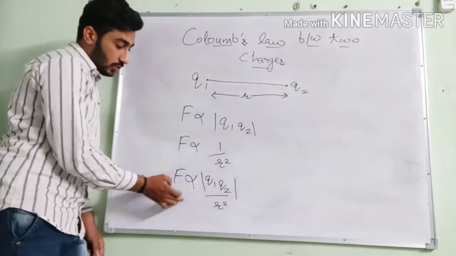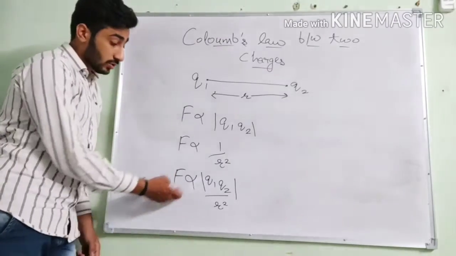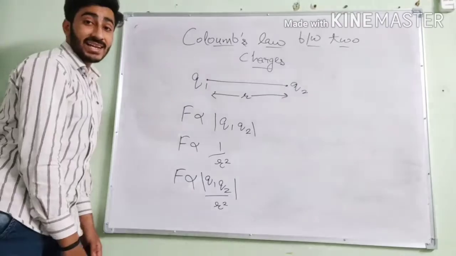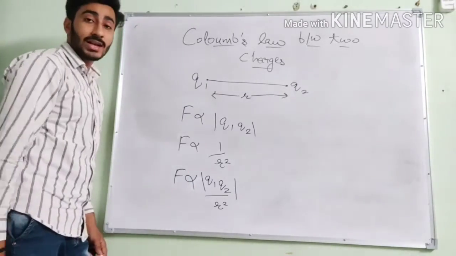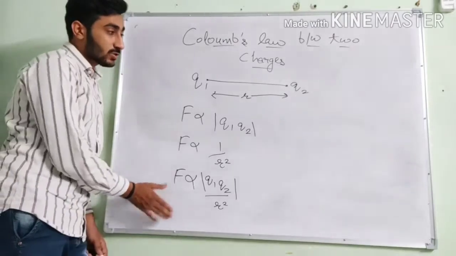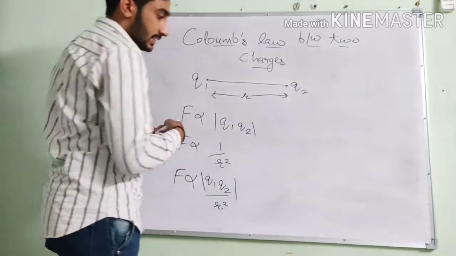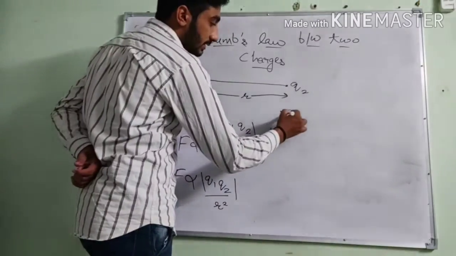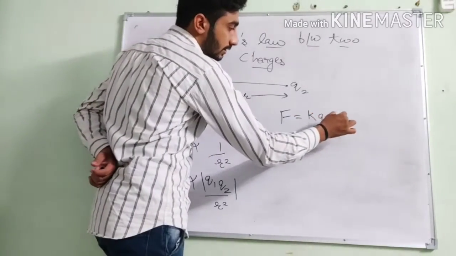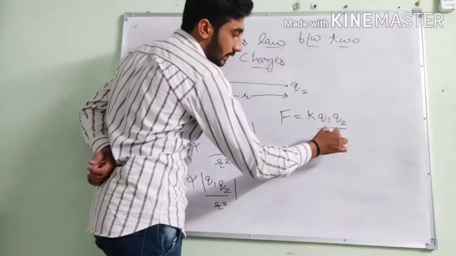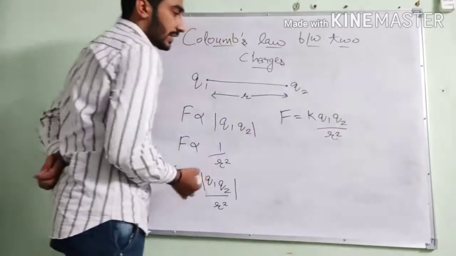And as we know, when the proportionality sign is removed, there is a constant. जब भी हम किसी proportionality sign को हटाते हैं तो एक constant आता है, and the constant is K. That is F equals K Q1 Q2 over R square.